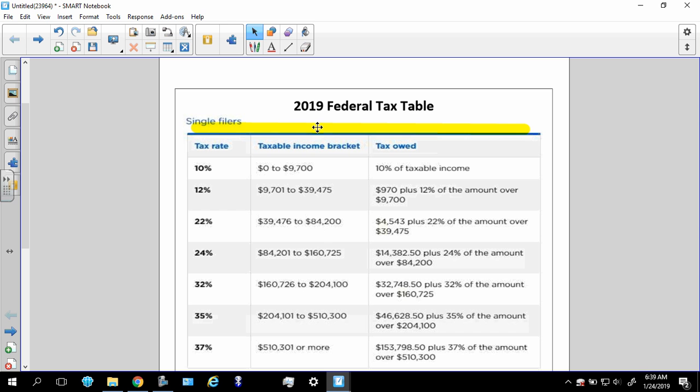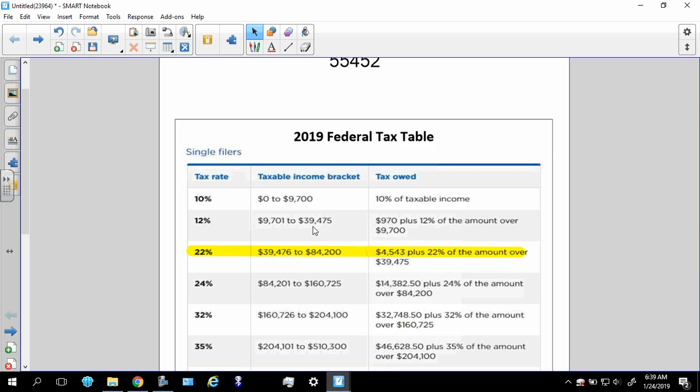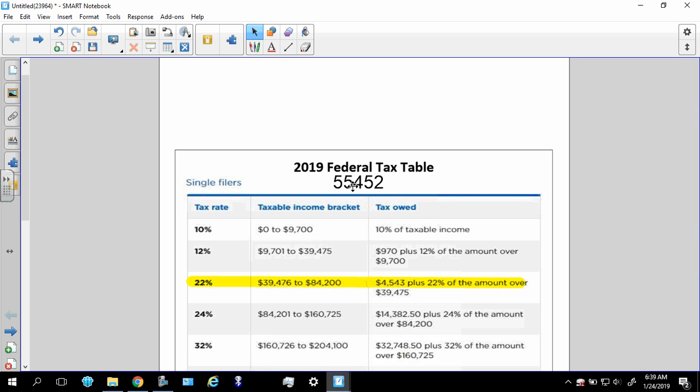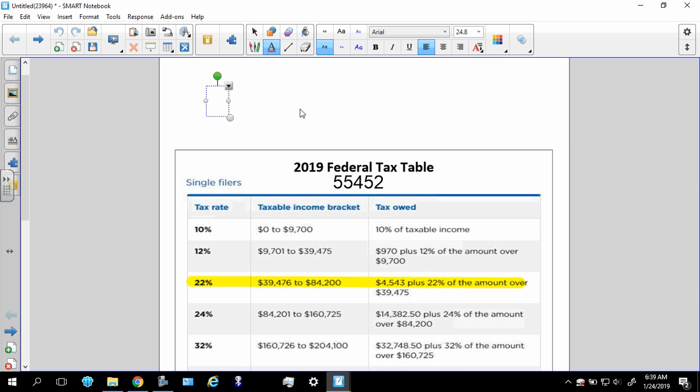Let me give myself a little more room here. If you notice, it starts off with 4,543. We've done this enough that this should be familiar to you. So it's going to be 4,543 plus 22%, 0.22, parenthesis, some number minus another number.